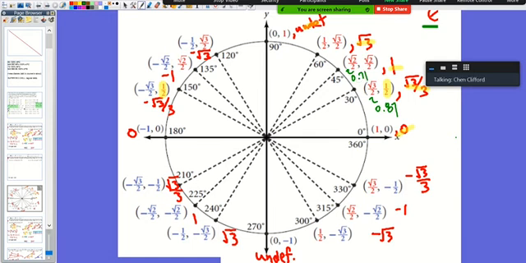Okay. And I should be doing, my bad, 0.87 and 0.71. Okay. This is going to be 0.71, -0.71, negative 0.87.